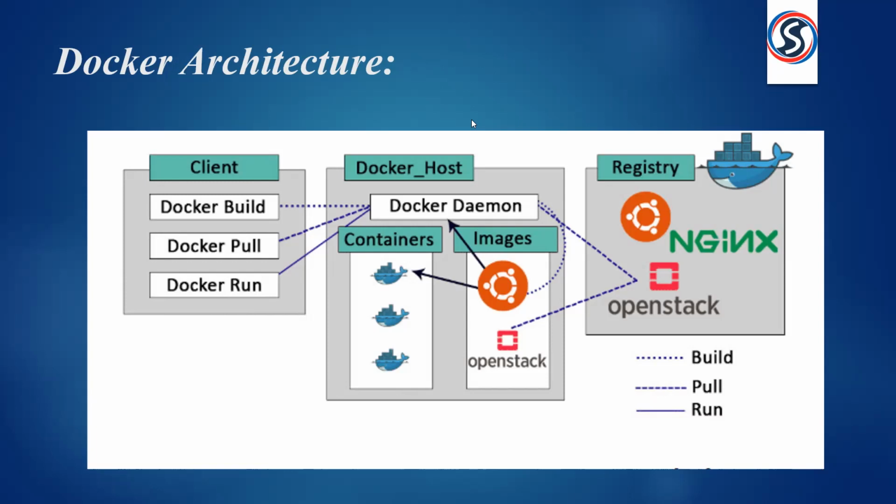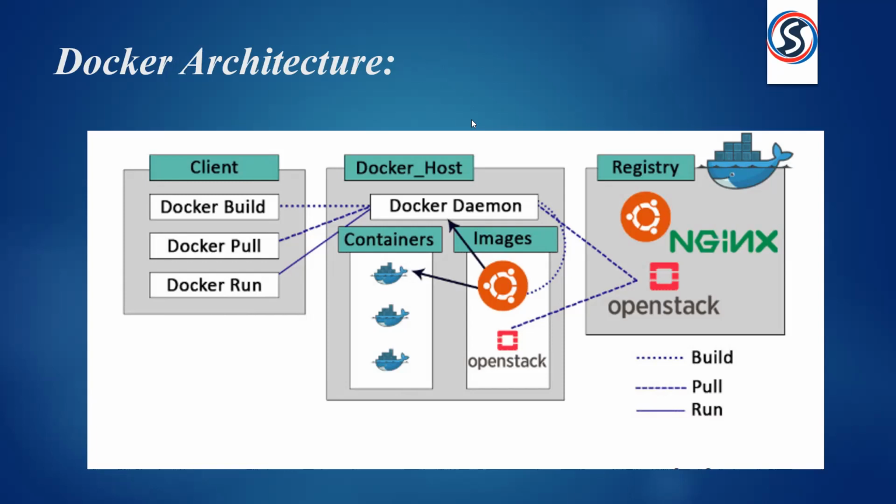But if you talk about the virtual machine, the virtual machine size will always be large because it is completely virtualizing, it is completely building a subsystem in the host system.